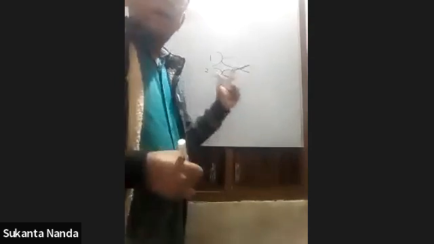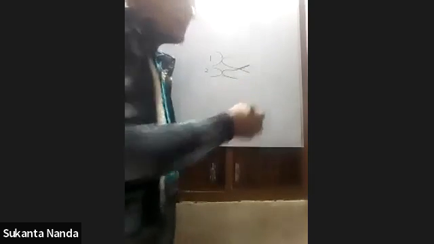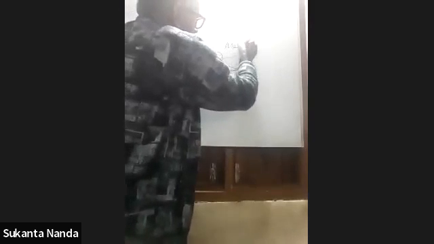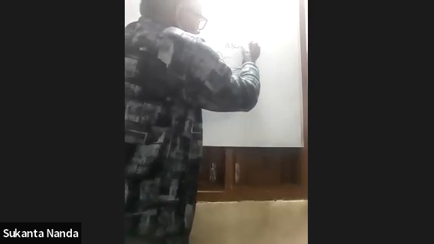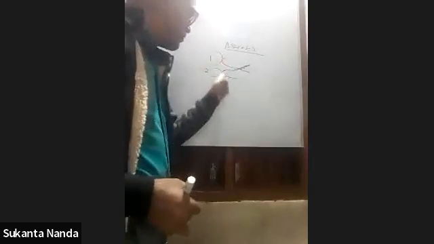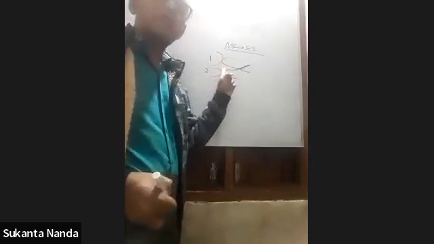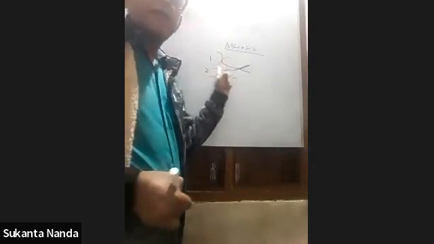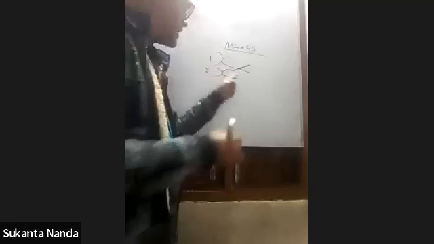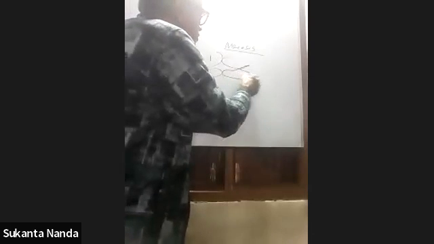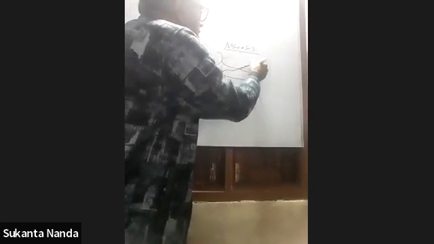Yesterday I discussed this, and you might have understood clearly. In meiosis 1, this paired chromosome is called a bivalent or tetrad also, because there are 4 chromatids. Here is chromatid 1, chromatid 2, chromatid 3, chromatid 4.